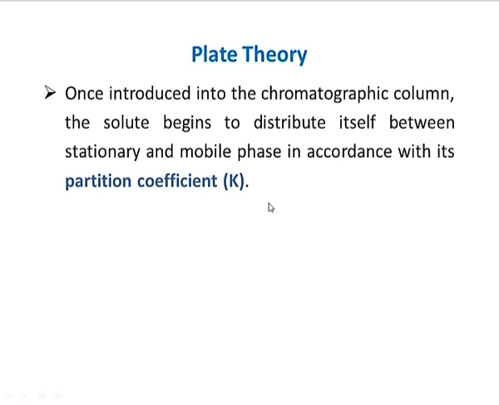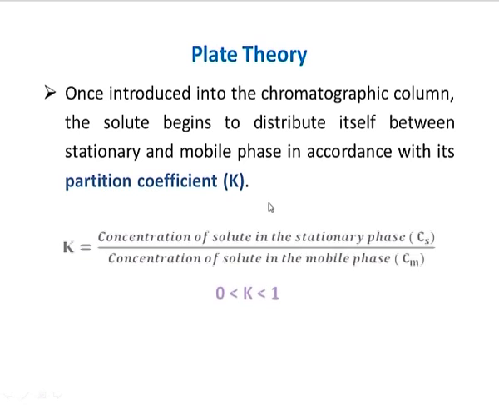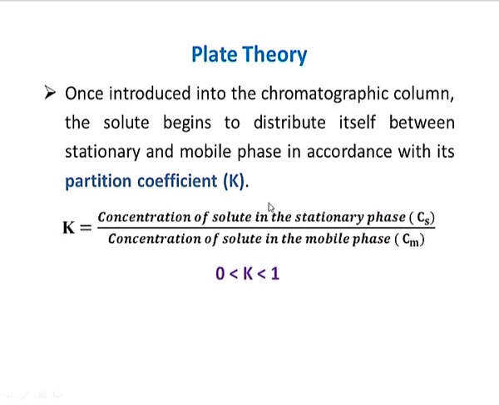Now, that is a new term, we have not seen it so far. What is K? This partition coefficient K is mathematically equal to the concentration of solute in the stationary phase, which is Cs, upon the concentration of solute in the mobile phase, which is Cm.